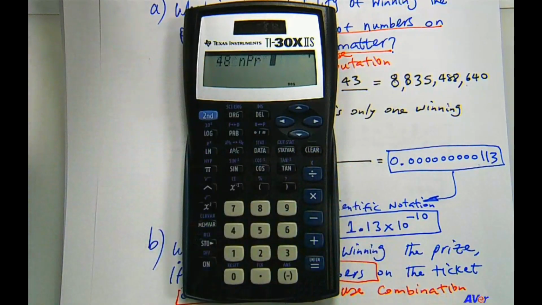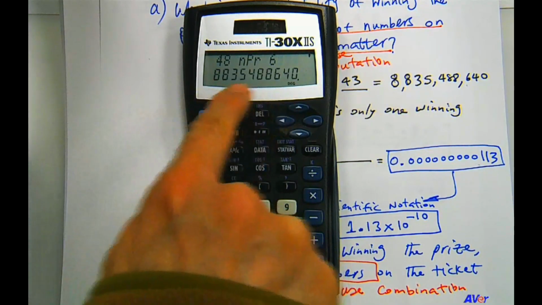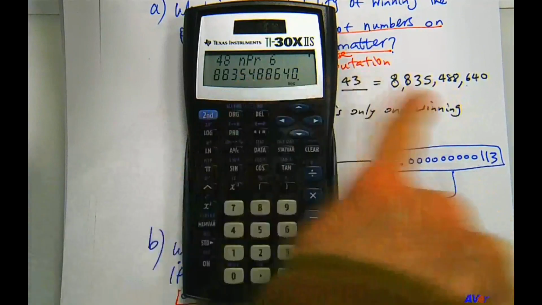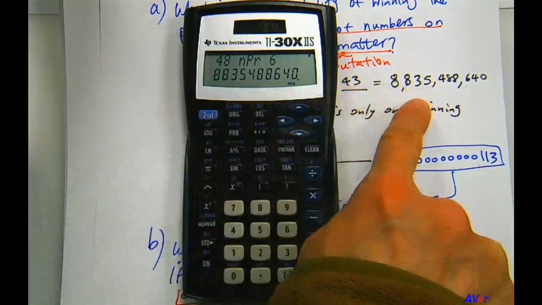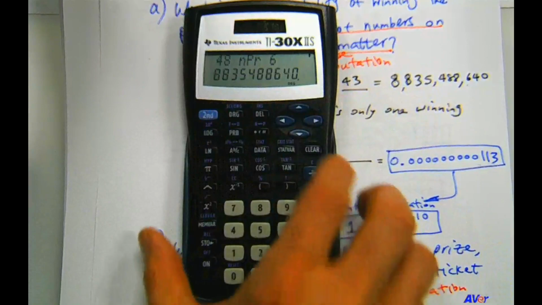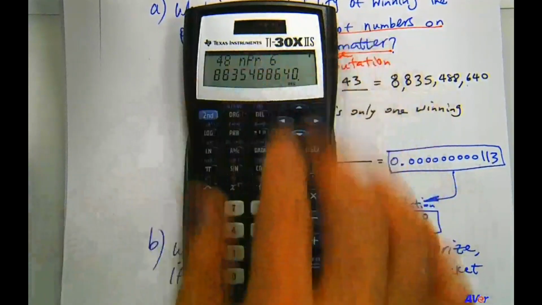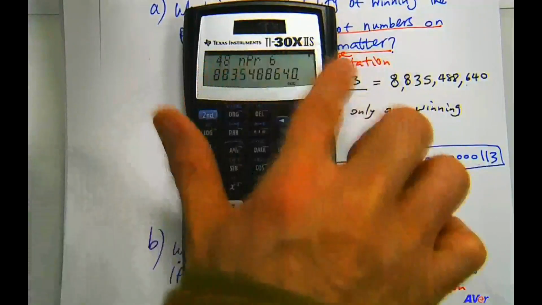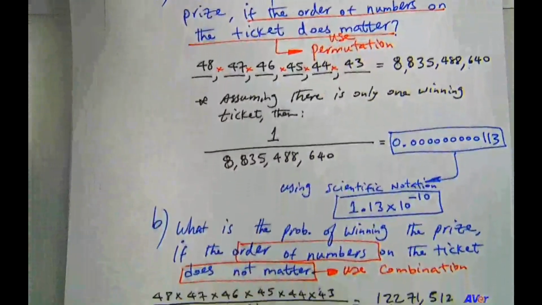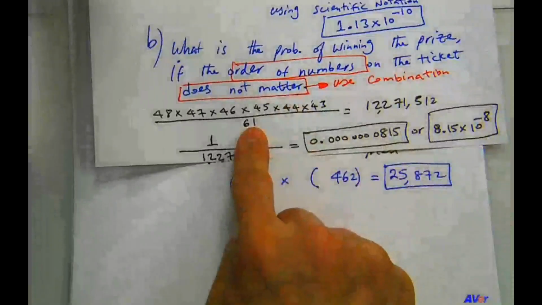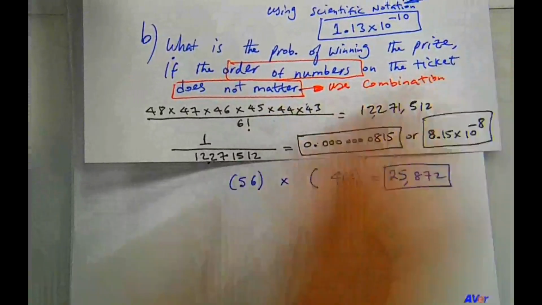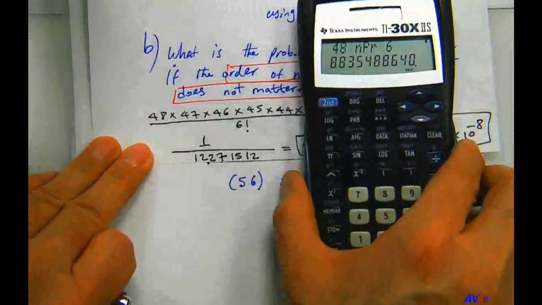Let's hit enter to pick that, and 6 balls coming from that, so that'll be that number that I have there, right? Same number, you see that right there. Okay, so for combination 48 choose 6, which is the scenario we had for part B of the previous problem.